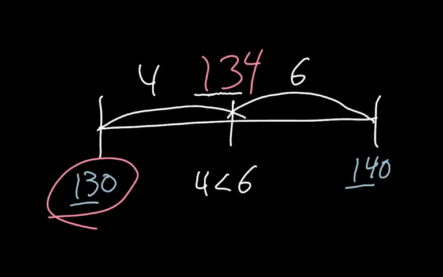So rounding 134 to the nearest 10 would be 130. These strategies help students make sense of why and how to round numbers, rather than just giving them rules to memorize in their head. These strategies should eventually be something that students can do mentally, because they'll start seeing a pattern.